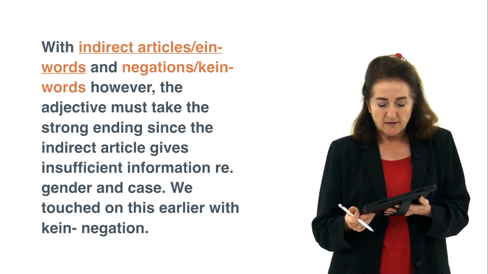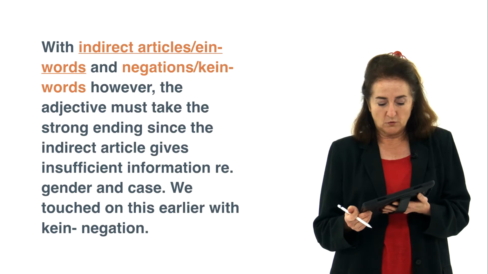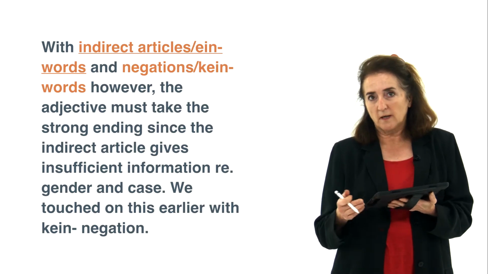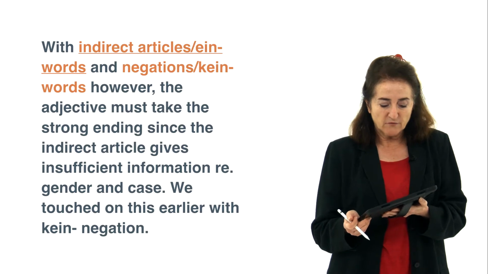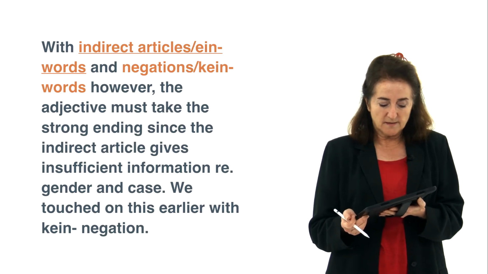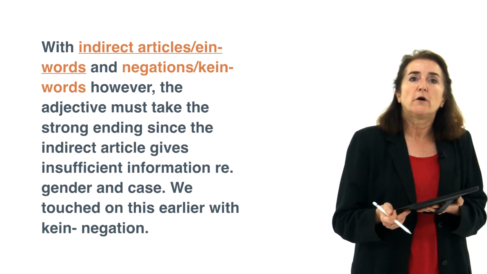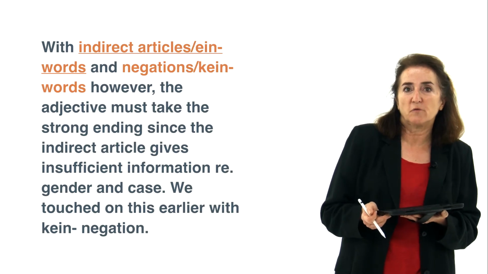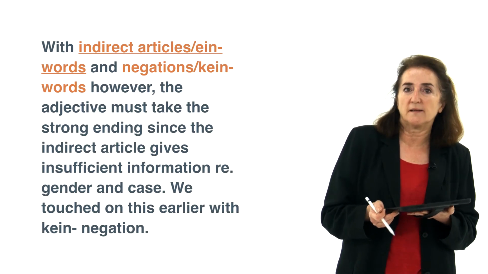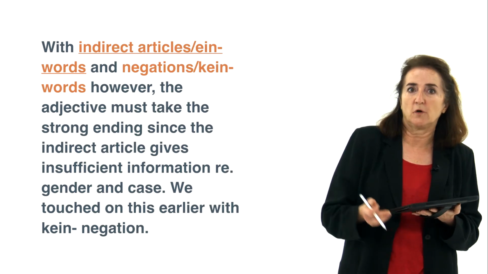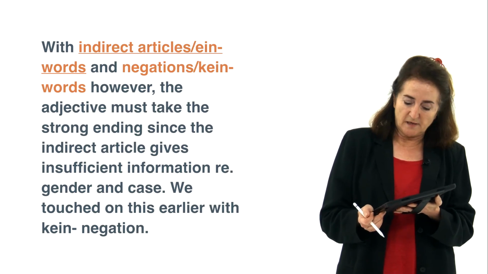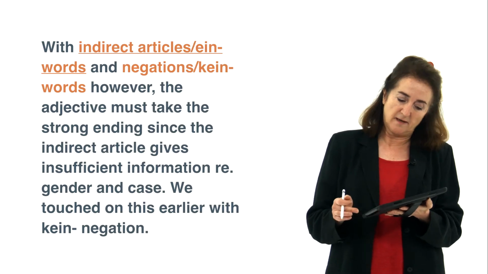Okay, with indirect articles and ein words and negations, which are kein words, we'll do a bit more of that. However, the adjective must take the strong ending since the indirect article gives insufficient information regarding gender and case, and we already spoke about that. We touched on this earlier with the kein negation, which has the same endings.